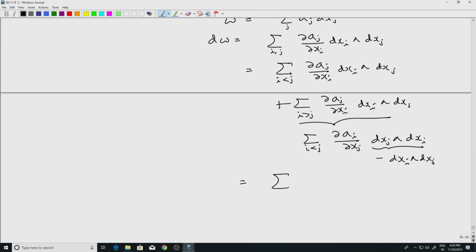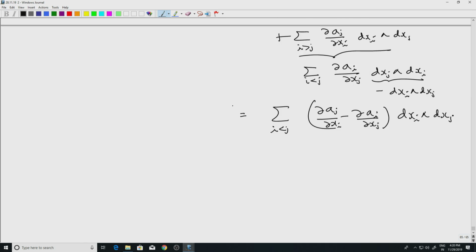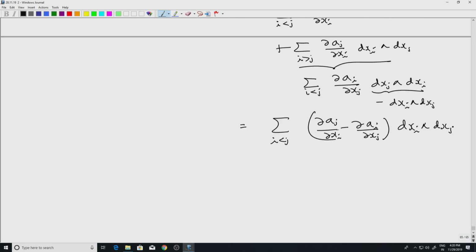So therefore, equal to i less than j, here it's del aj by del xi, here it's del ai by del xj, but with a negative sign. So del aj by del xi minus del ai by del xj, dxi wedge dxj. So this is the expression for d of a one form.